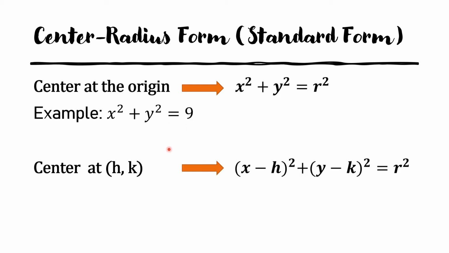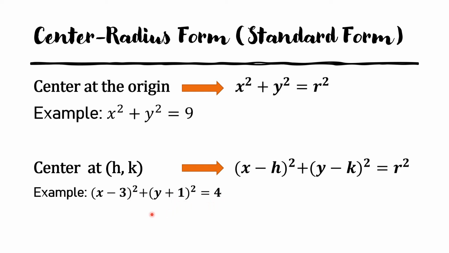And another center radius form is kapag ang center natin is at (h, k). That is x minus h quantity squared plus y minus k quantity squared is equal to r squared. Yung h and k will represent our center, tapos yung r natin will represent our radius. And then we have here an example. We have x minus 3 quantity squared plus y plus 1 quantity squared is equal to 4.